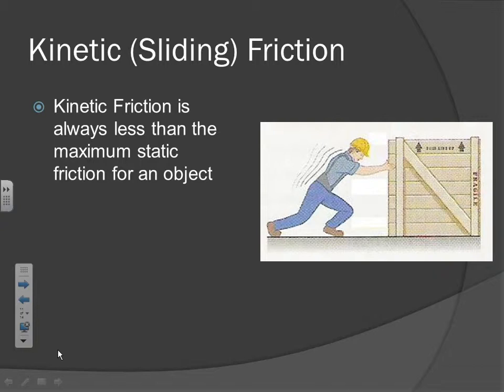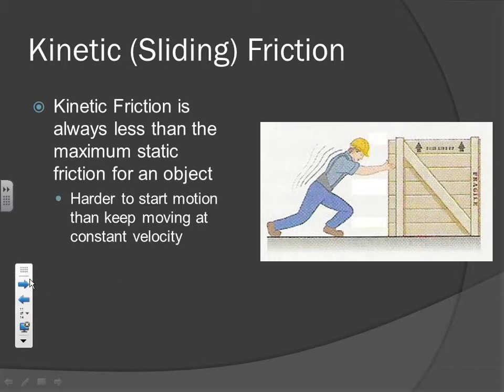But once it's already moving, it experiences less friction than it did to get it started in the first place. Meaning that it's harder to start motion than it is to keep moving at a constant velocity. Okay?